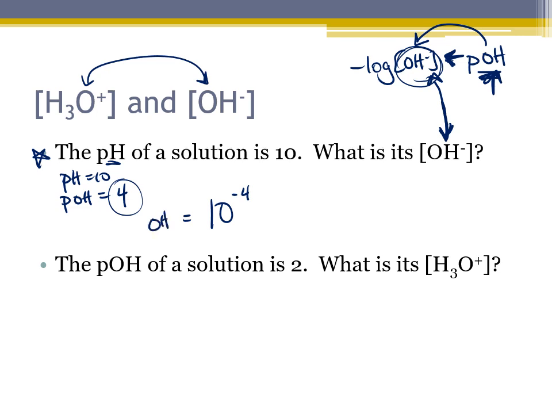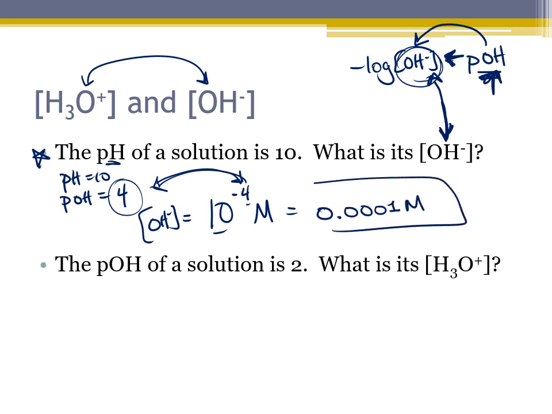This is my hydroxide concentration. Negative log of 10 to the minus 4 is 4. And so if the pOH is 4, then my hydroxide concentration is 10 to the minus 4. If you don't love 10 to the minus 4 molarity, you can rewrite it in standard notation, 3 zeros and a 1 molar. This is my concentration of hydroxide because the pH is 10.